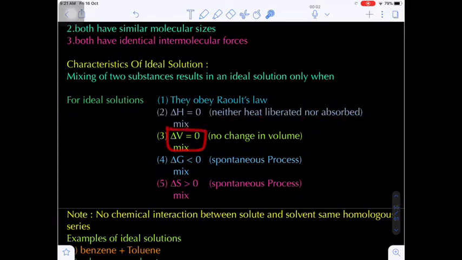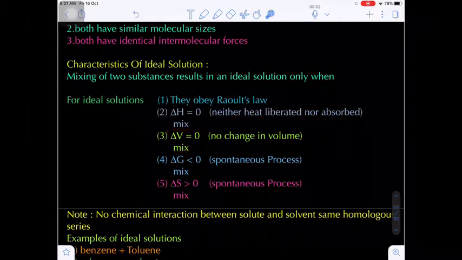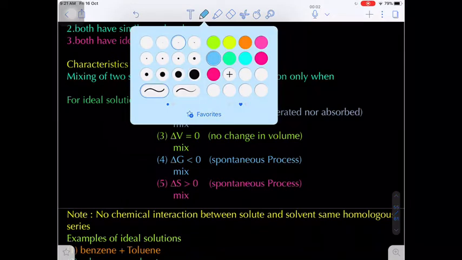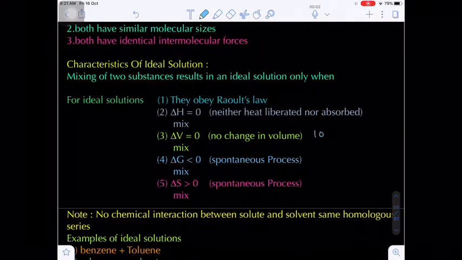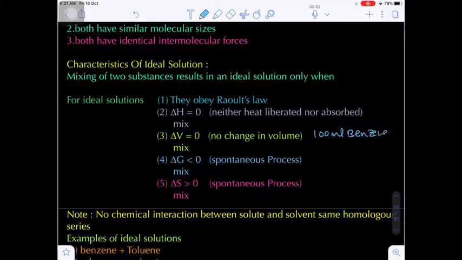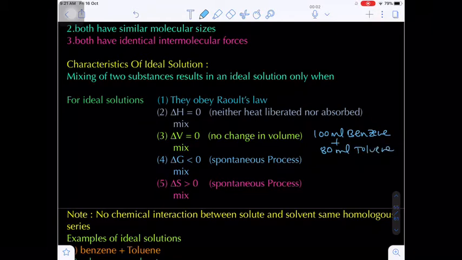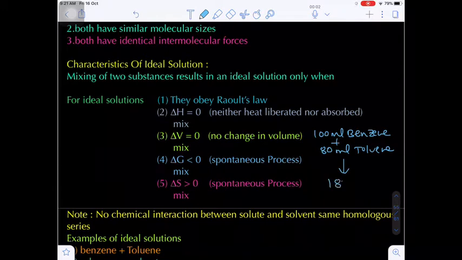After intermixing of the two liquids to form a binary ideal solution, there will be no change in volume. What is the meaning of this? Suppose I have 100 ml of benzene. Now I am adding 80 ml of toluene to the 100 ml benzene. What will be the resultant volume of the solution?